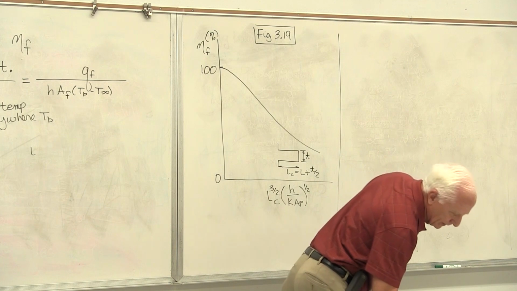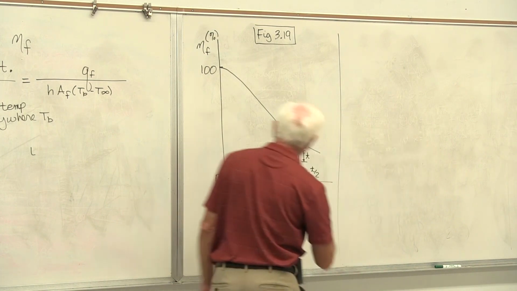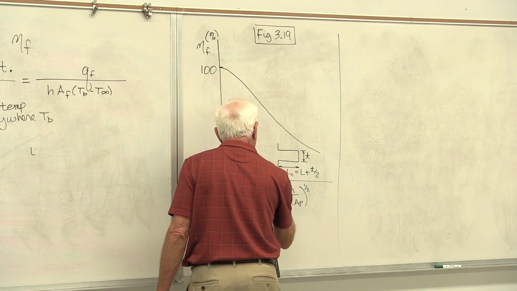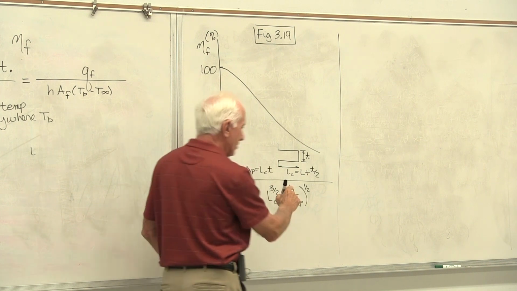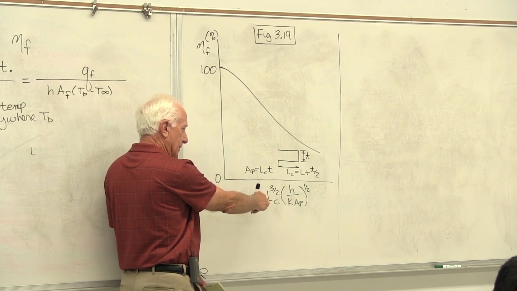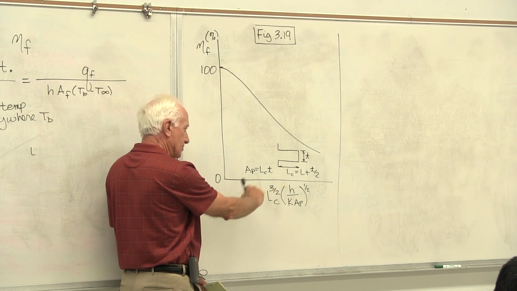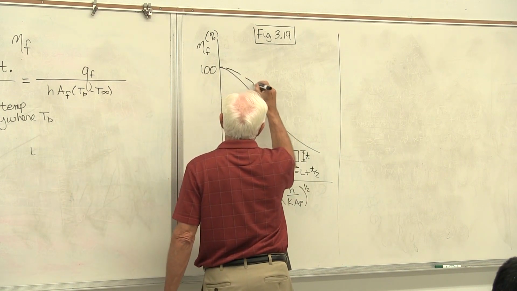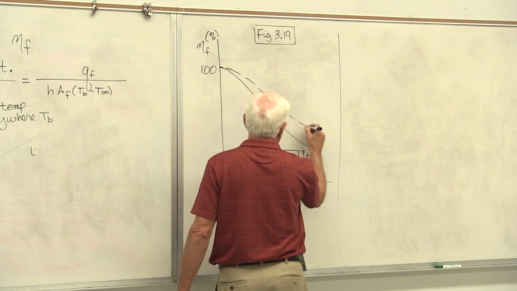He says A sub p equals L sub c times t. So now you can find the x parameter if you know the length, the thickness, k, and h. Then there's another line on that graph, which looks like this.